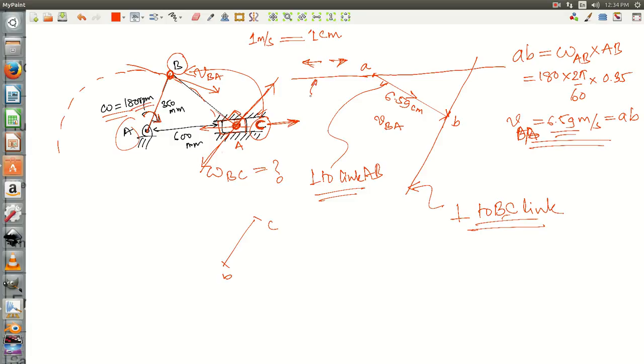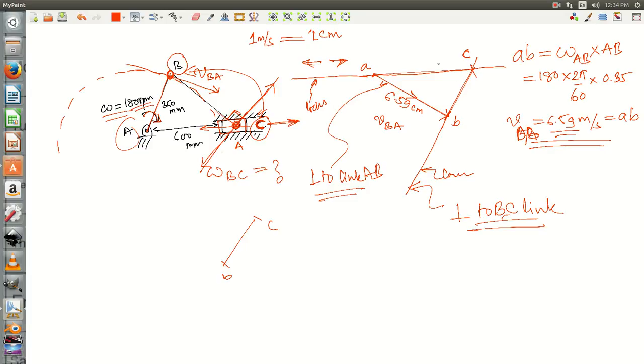Now this is the locus of C, and this again is the locus of C. Hence the point of intersection has to be the point where C exists. So here you get a very nice triangle, represented by A, B and C.